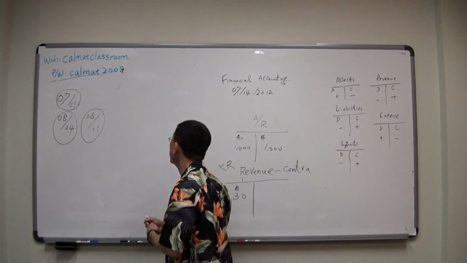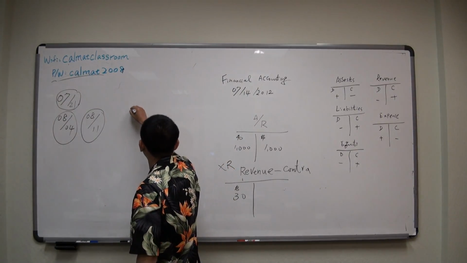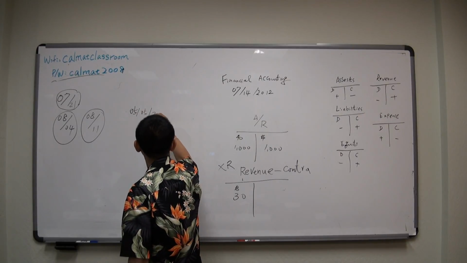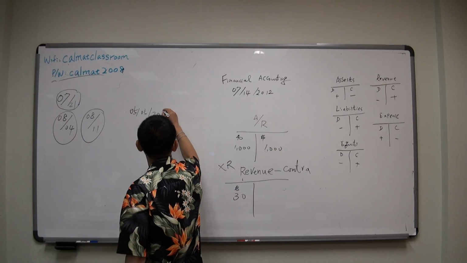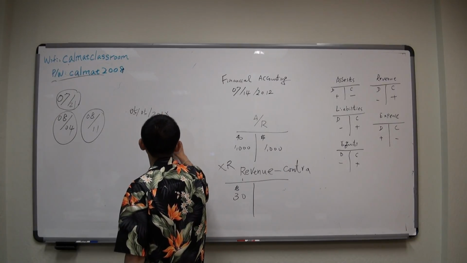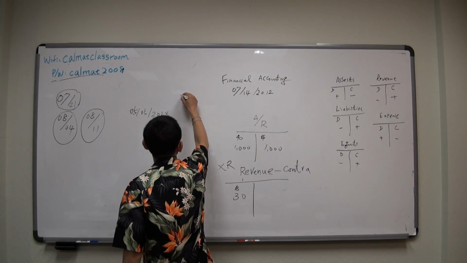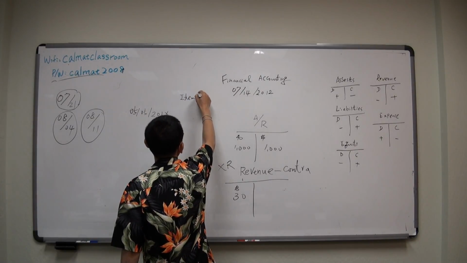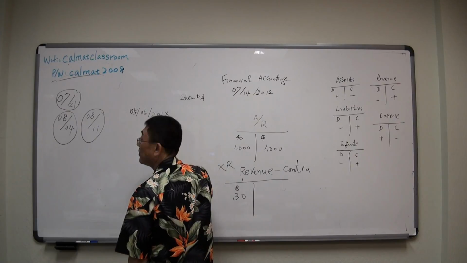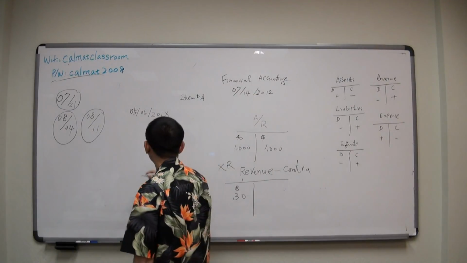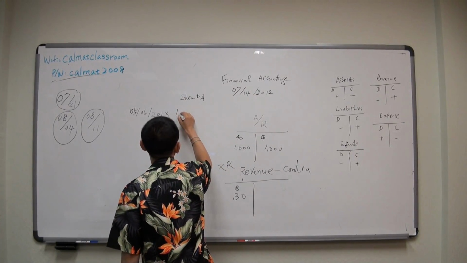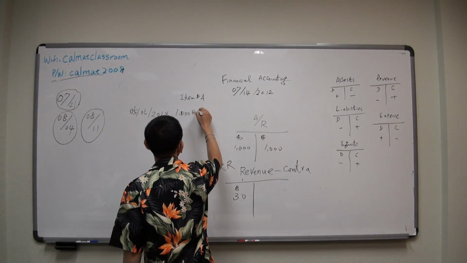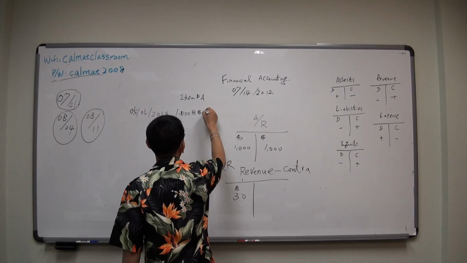Okay, on this day, again, it's item number A. We'll keep the same item, keep it simple. Your company purchased 1,000 units at $1.